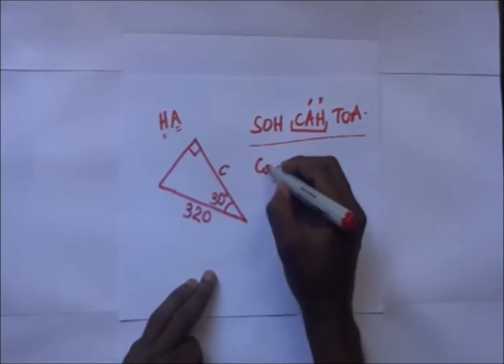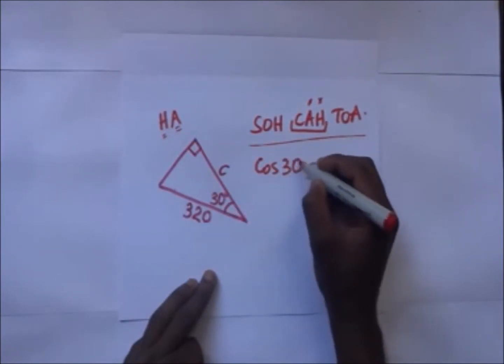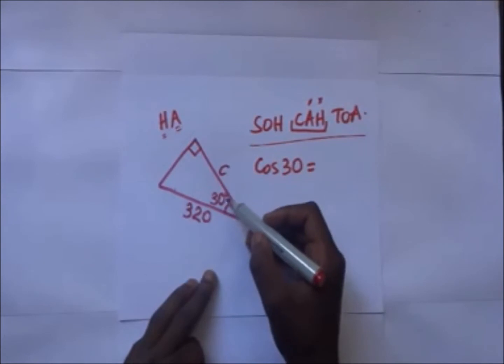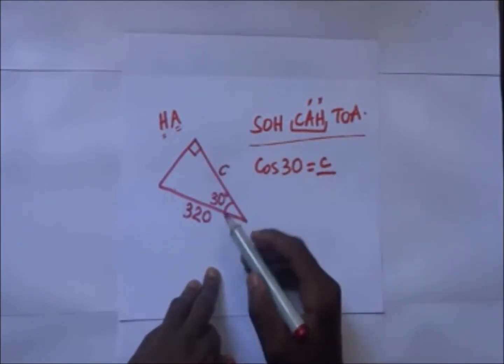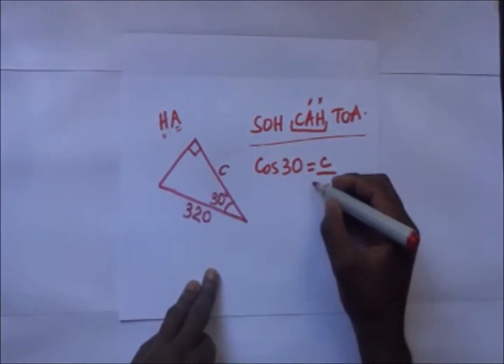So cosine of 30 is equal to the adjacent, which is C, over the hypotenuse, which is 320.